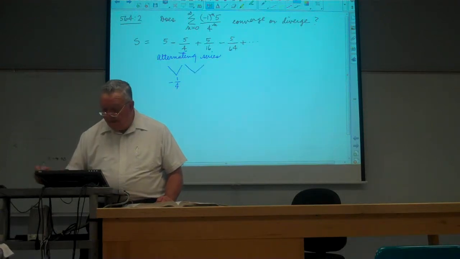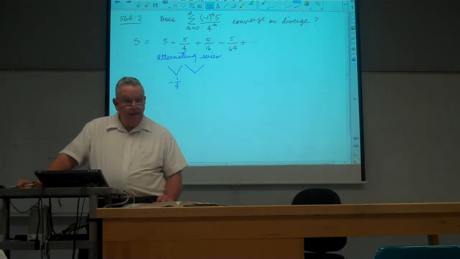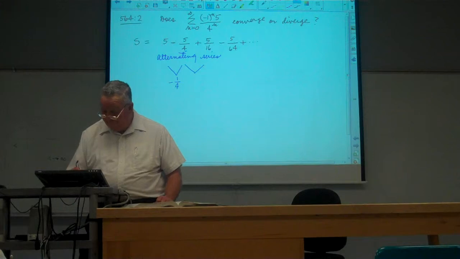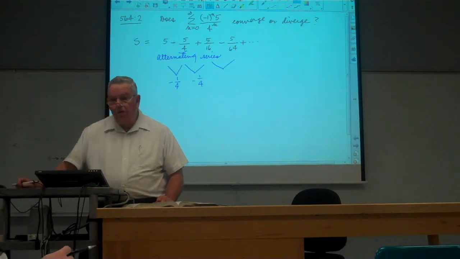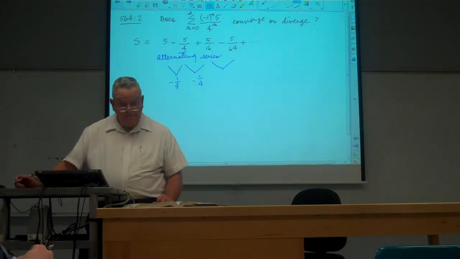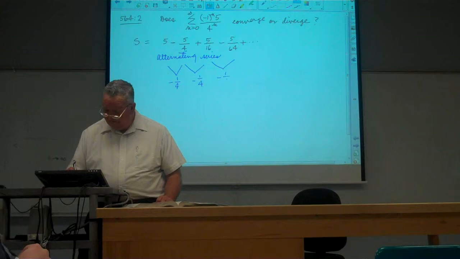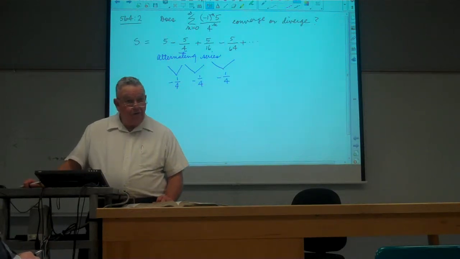What did I multiply the second term by to get the third term? Negative 1/4. What did I multiply the third term by to get the fourth term? Negative 1/4. Doesn't that answer your question, William?